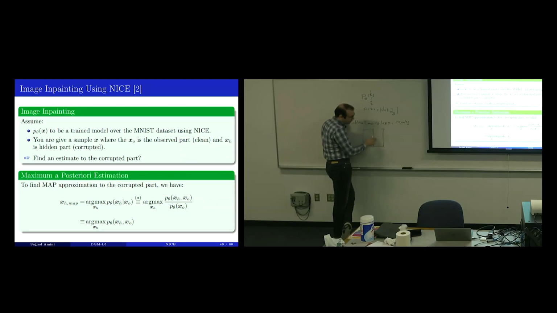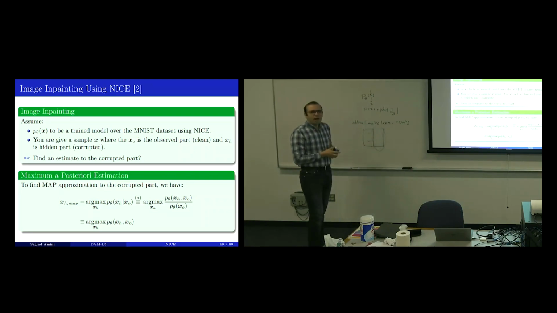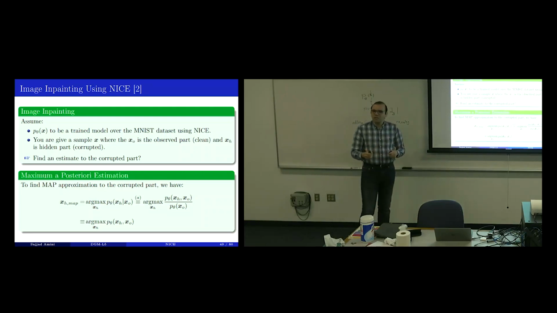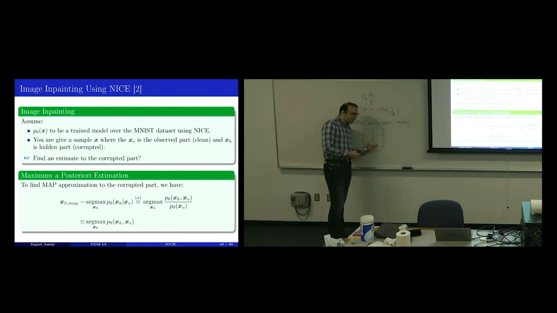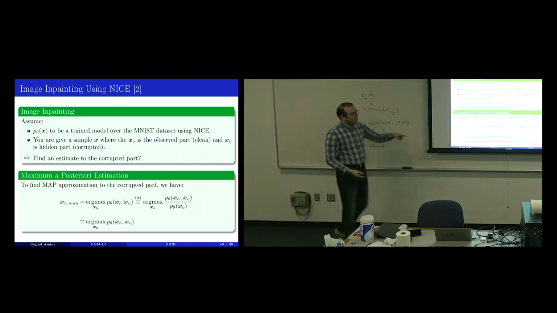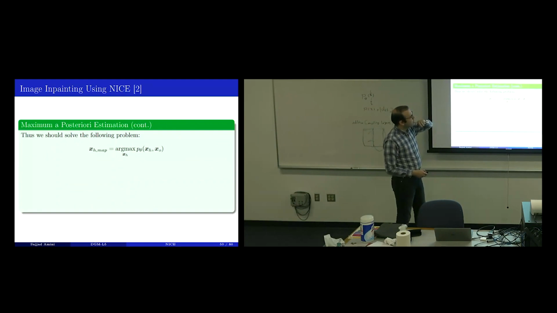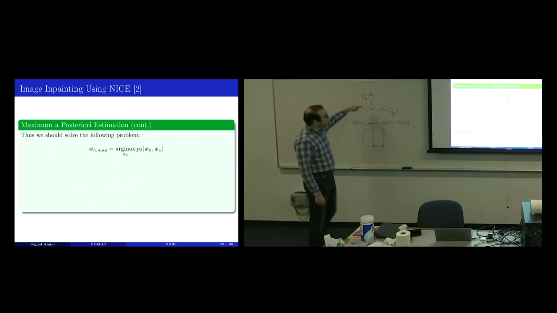Instead, you assume that this part is the variable of your optimization problem. You have an optimization problem where the hidden part or the corrupted part is your optimization variable. It means that you want to change it so that you have the best fit, the best filled image.